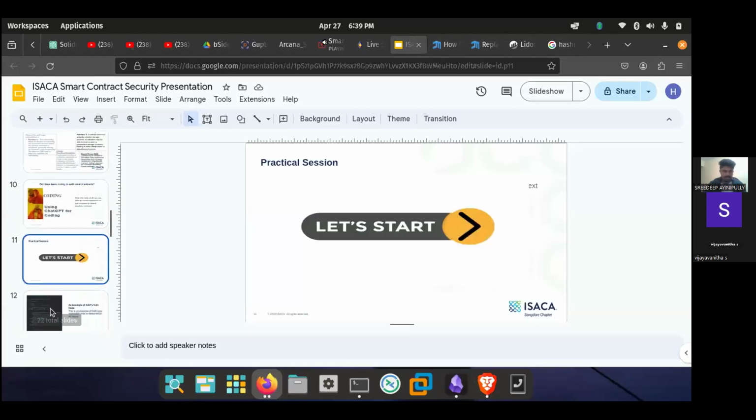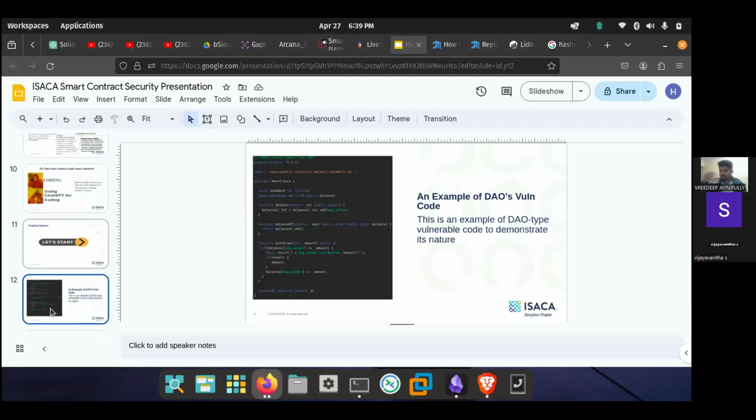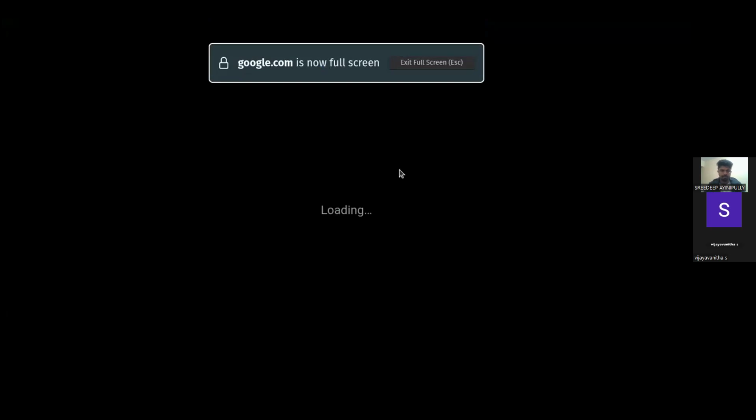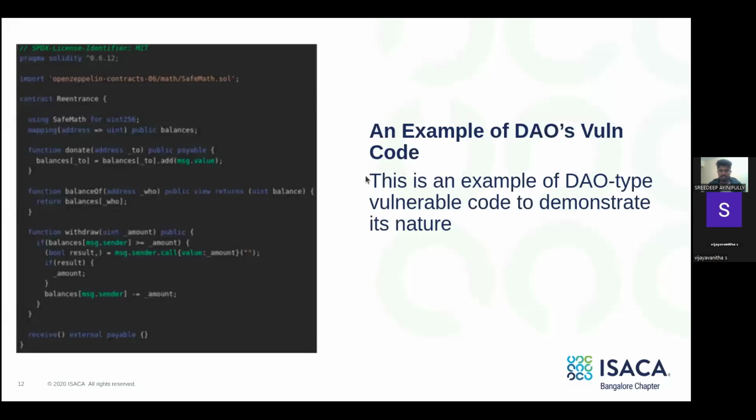So this is where the question comes from: an example of DAO vulnerable code. This is the example of the code which the DAO team was using.